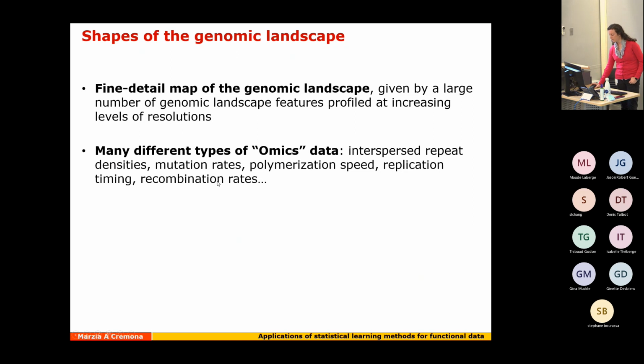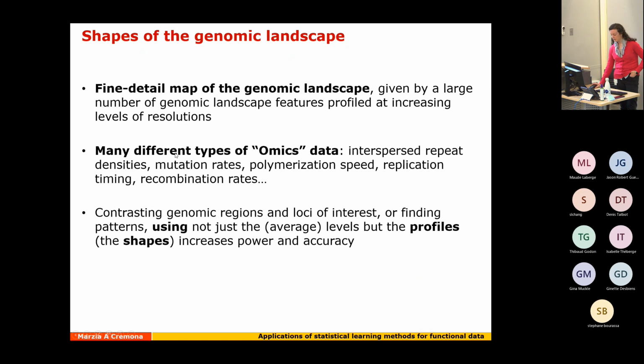For example, we can have mutation rates, replication timing, a lot of different data. And what we usually do is to contrast regions of the genome that are of interest. So for example, we can look at regions where we have some element of interest versus control regions where we do not have that element, and test for differences between the two, not just looking at the average signal, but really looking at the shapes of these functional data.